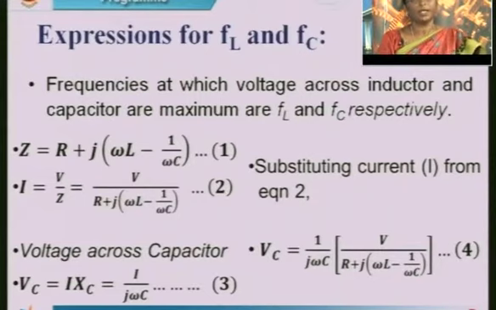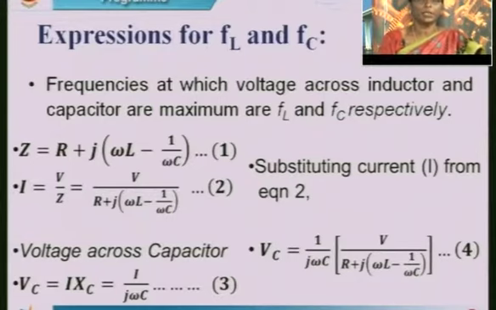Now, here we can check the frequencies at which, this is one of the expressions for FL and FC. So, what are FL and FC? The frequencies at which the voltage across the inductor and capacitor are maximum are called FL and FC.